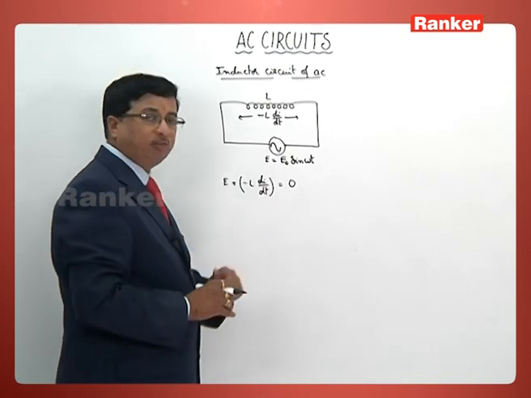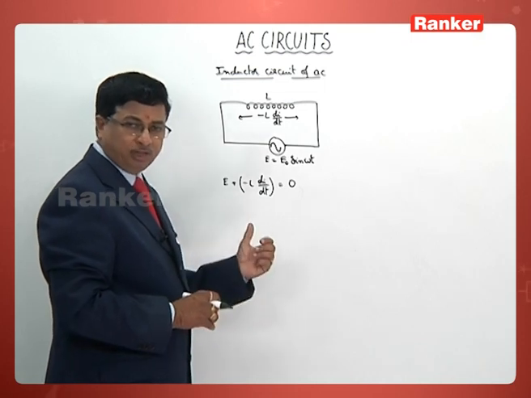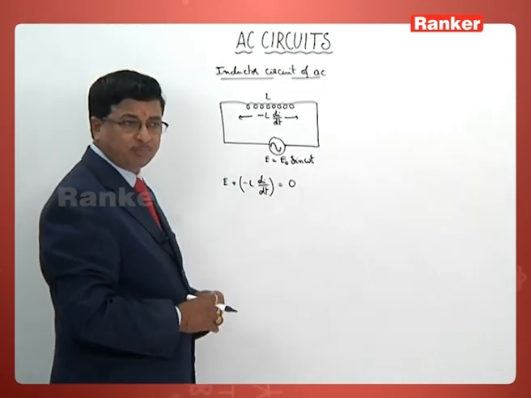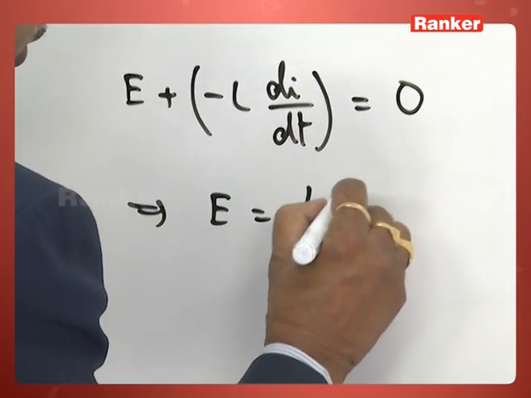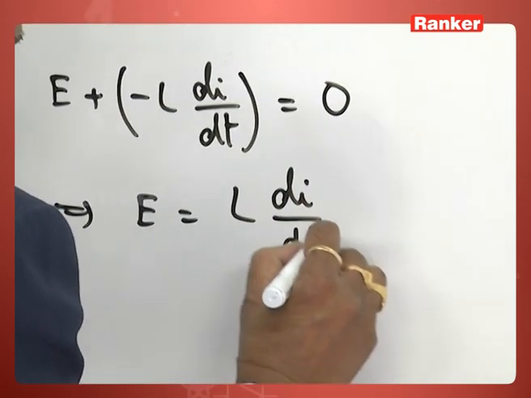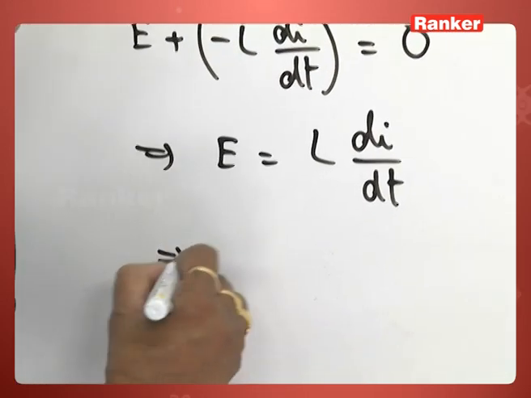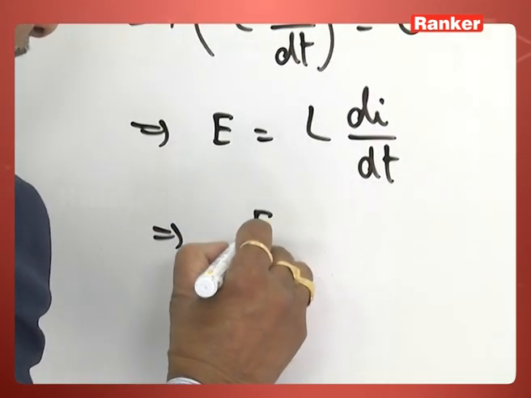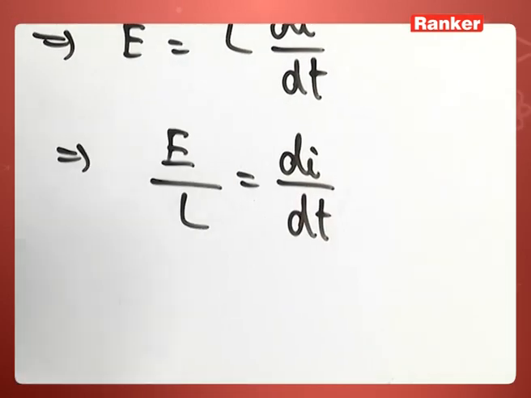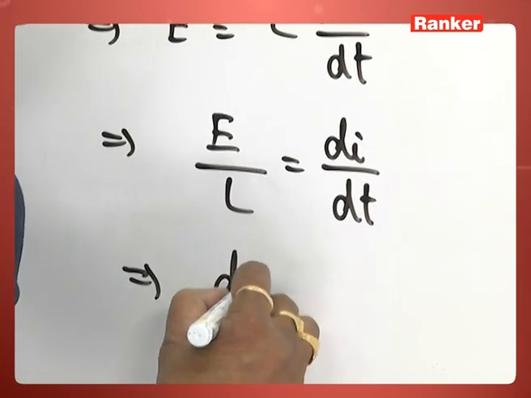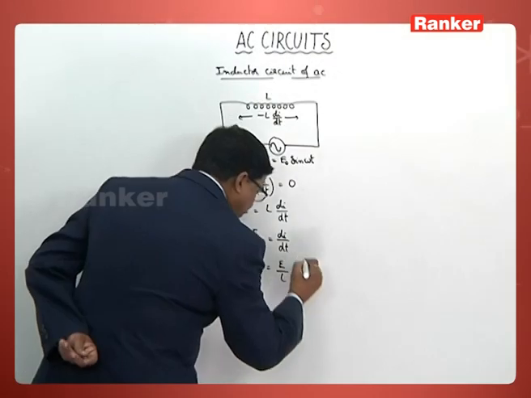That is the effective value of EMF we are considering. This can be written as E is equal to L di by dt, from where you can write E by L is equal to di by dt. In other words, di can be written as E over L dt.